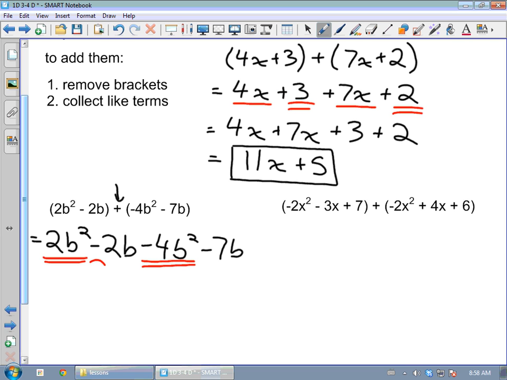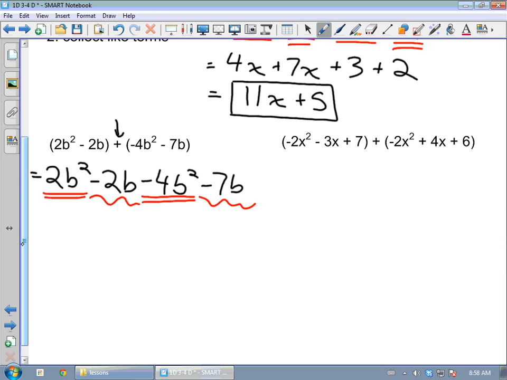Right. Okay. Then I'm going to rewrite this so that my like terms are next to each other. 2b squared and minus 4b squared are right next to each other. My negative 2b and my negative 7b are right next to each other.